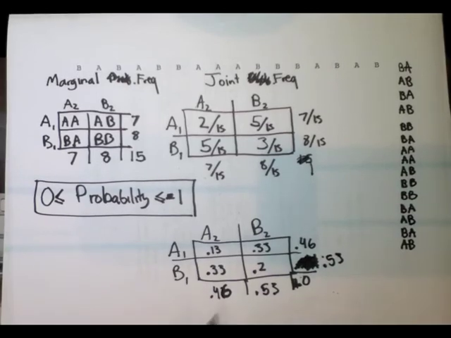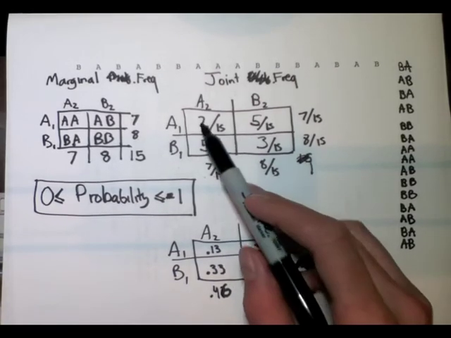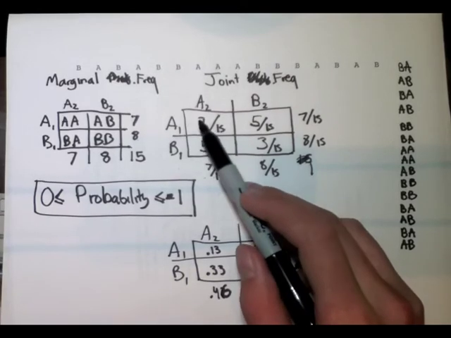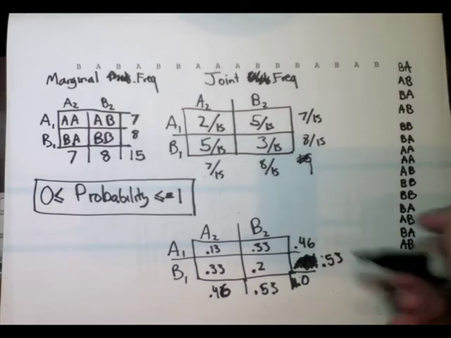So for doing joint probabilities out of the whole number of possibilities, we're doing the frequency in each joint frequency divided by the total number.